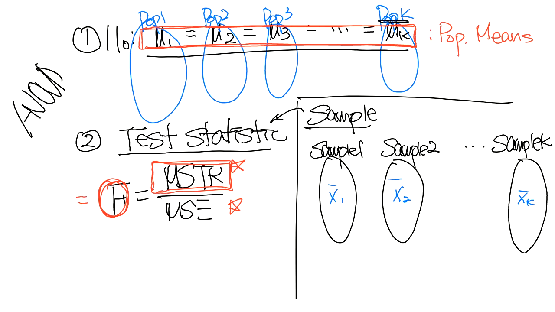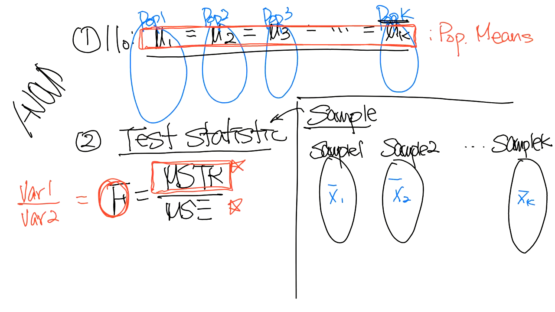Generally, I can define the F distribution as a fraction of two variances, variance 1 and variance 2. Now we have two mean squares, and mean squares are a kind of variance. It makes sense, right?